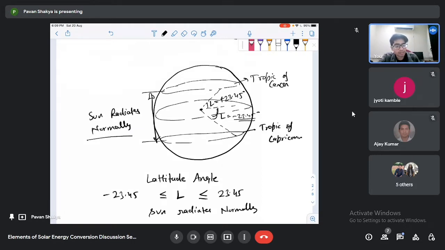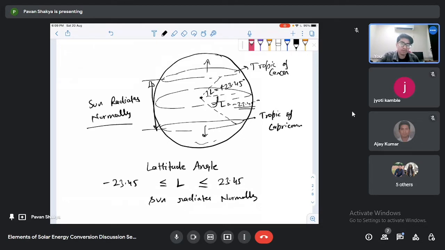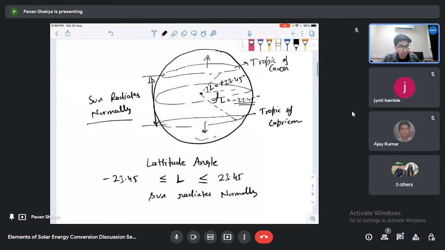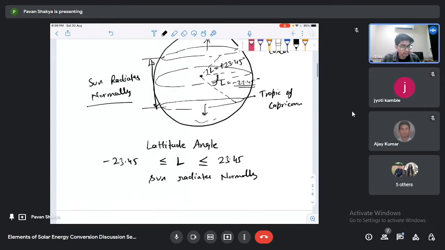Above these tropics, sun never radiates normally. Although there will be some sunlight, it will never fall normally on any point above these tropics. That is why above these tropics there is more ice found on these locations. Okay, so now let's move to the next angle.